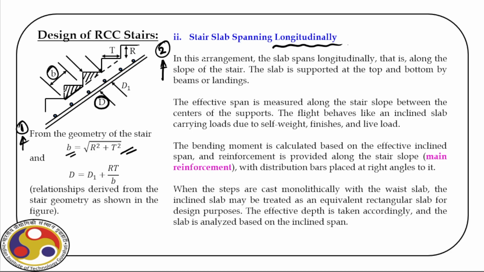These steps are monolithically cast, so they are part of this slab, so we can identify the capital D from the geometry. As you can see here, this is nothing but small d1 plus RT by B, which you can easily derive.